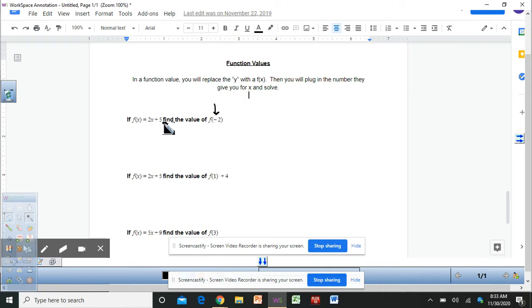What happens if we plug in -2? Every time I see an x, I replace it with a -2. So 2 times -2 plus 5, and then I just solve it. 2 times -2 is -4, plus 5 is 1. And that's your answer.